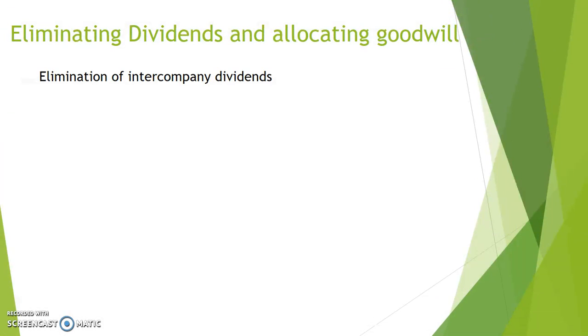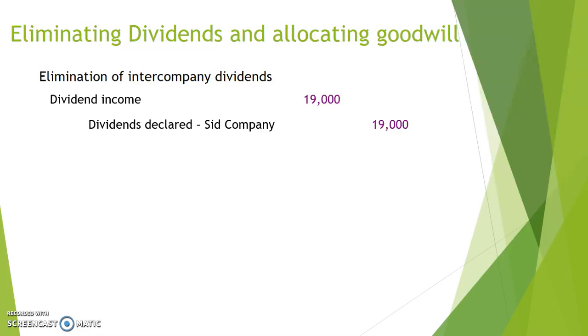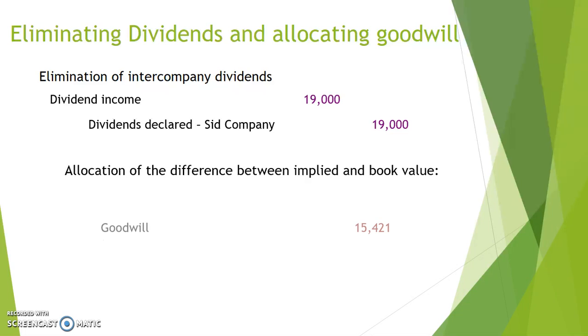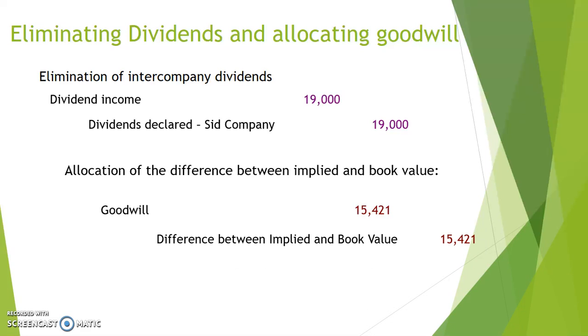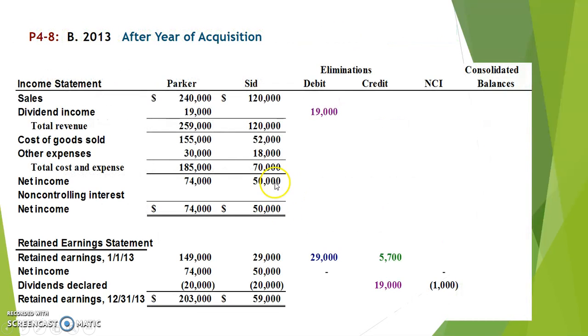Now, we are going to look at the elimination of the intercompany dividends. So we would debit the dividend income, 19,000, which represents our share of the dividends declared by the sub. We then allocate the difference between the implied and book value to the goodwill account unless it is stated otherwise. If you're told that it is to be allocated to land, that is where this would go. So on the worksheet, we will make the dividend income 19,000, as you would note here, to eliminate this.